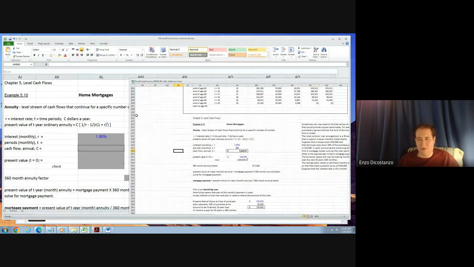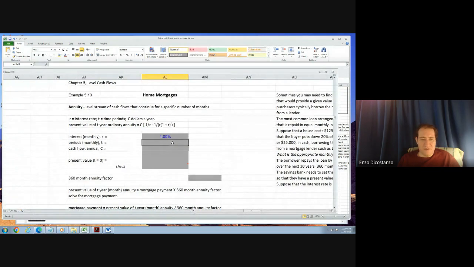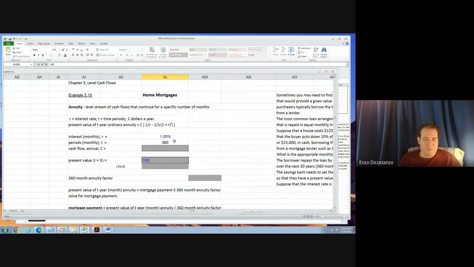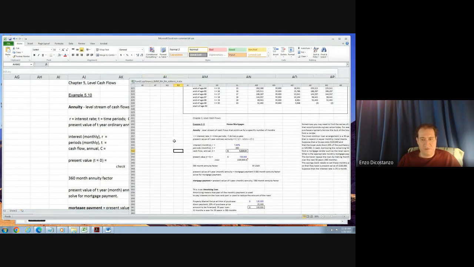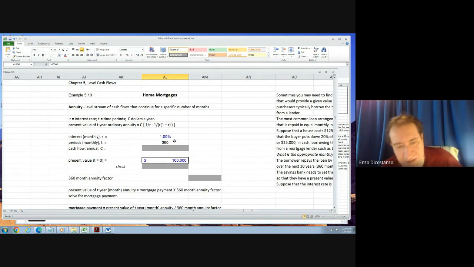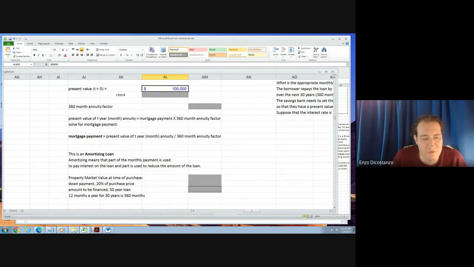The rest is 30 years times 12 months, so it's 360 periods. You're given the present value, 100,000, and you're figuring out the monthly payment, C. And we didn't do the whole table with this.